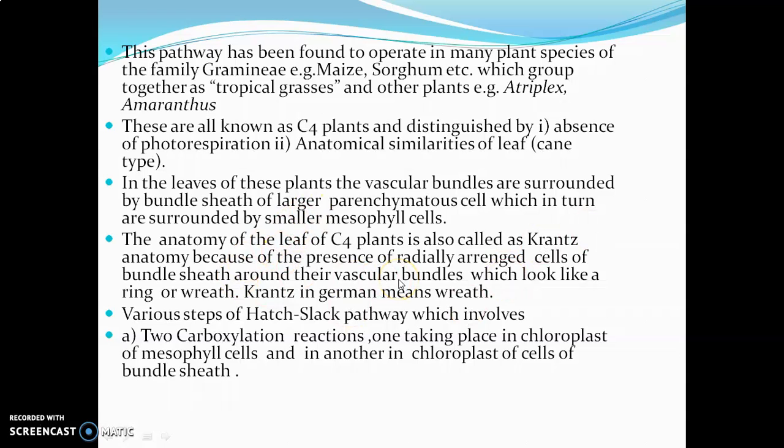This is the characteristic feature of the anatomy of these C4 plants. It is also called the Kranz anatomy. Why is it called the Kranz anatomy?